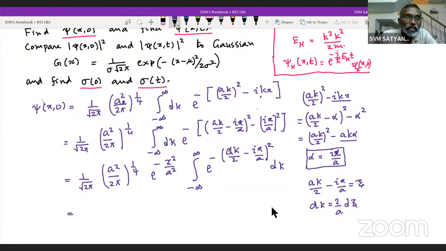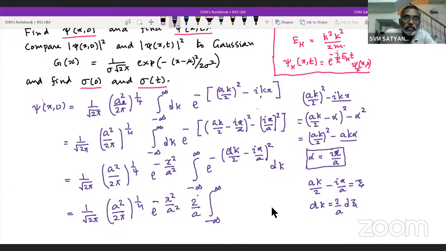So you can write this as 1 over root 2 pi, a square by 2 pi to the power 1 by 4, e to the minus x square by a square, into 2 by a, integral minus infinity to infinity e to the minus psi square d psi. This integral is a standard integral. Its value is square root of pi.